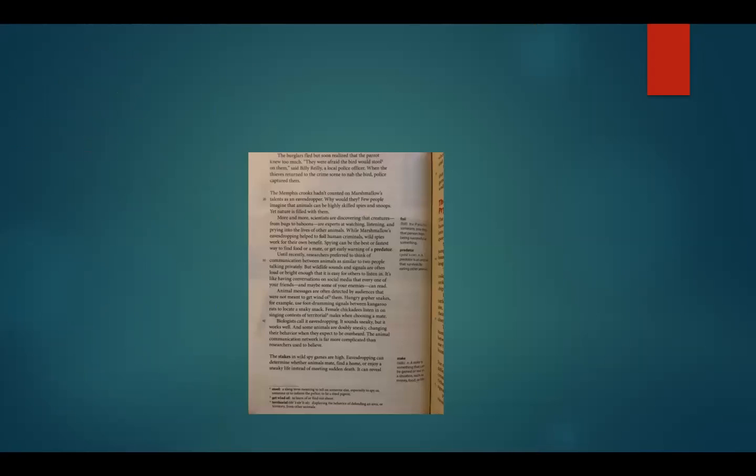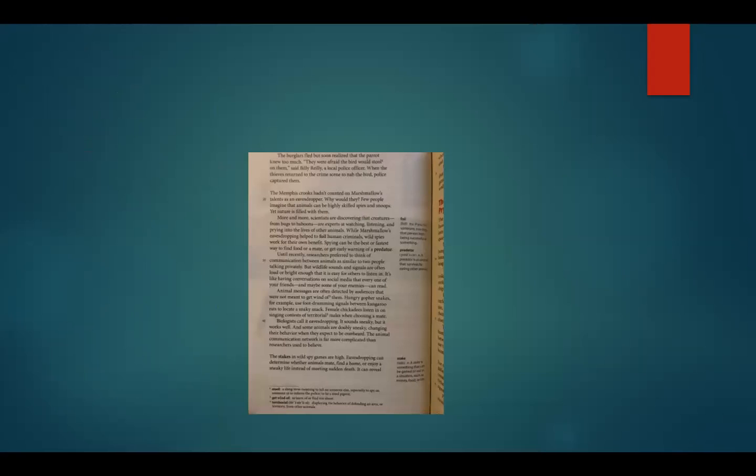The burglars fled, but soon realized that the parrot knew too much. They were afraid the bird would squeal on them, said Billy Riley, a local police officer. When the thieves returned to the crime scene to nab the bird, police captured them. The Memphis crooks hadn't counted on Marshmallow's talent as an eavesdropper. Why would they?